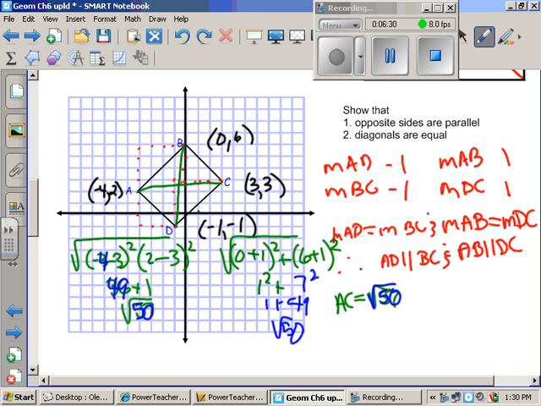So BD is the square root of 50 as well. All right, so that means AC is equal to BD.